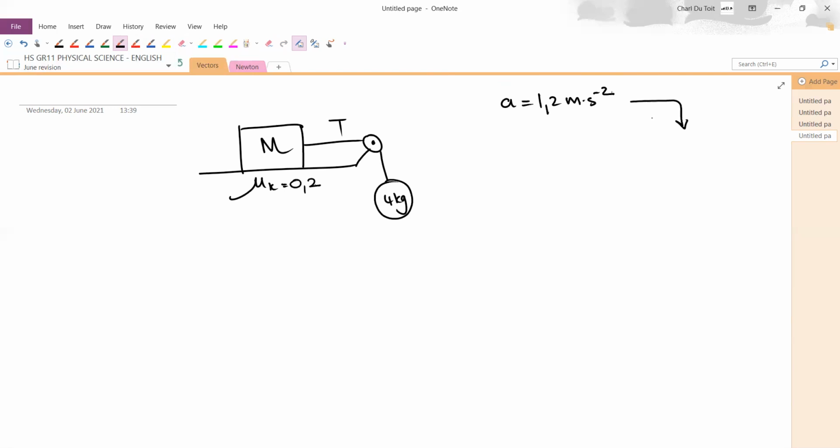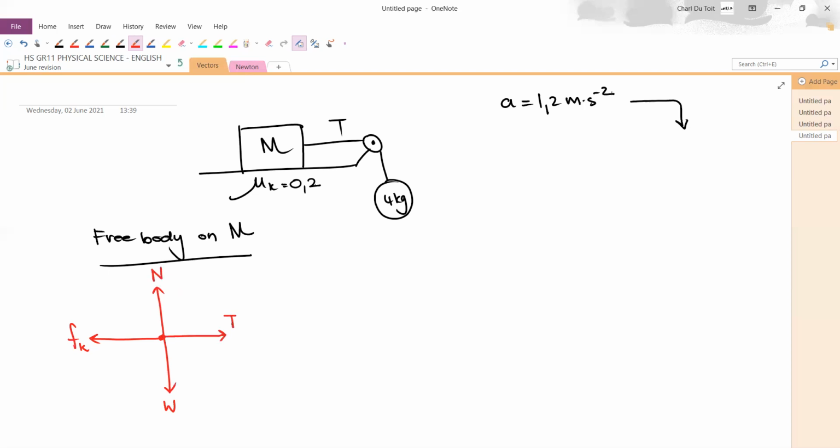Okay, we want a free body diagram on M. Free body diagram on M. Okay, so we have a friction force to the left, kinetic friction. We have the weight vector and the normal force vector, and we have the tension.